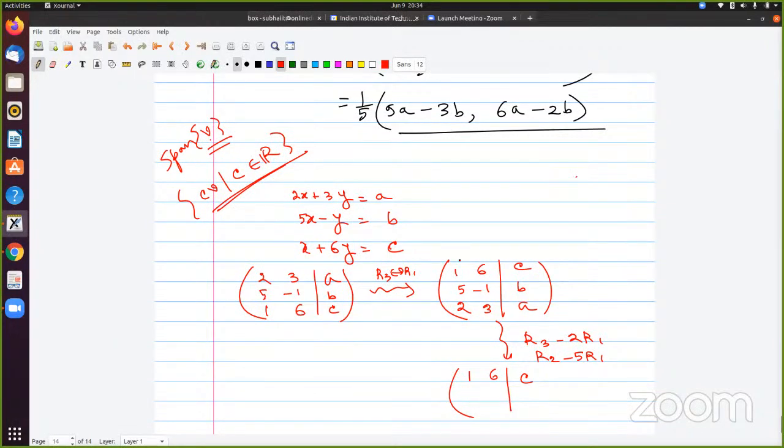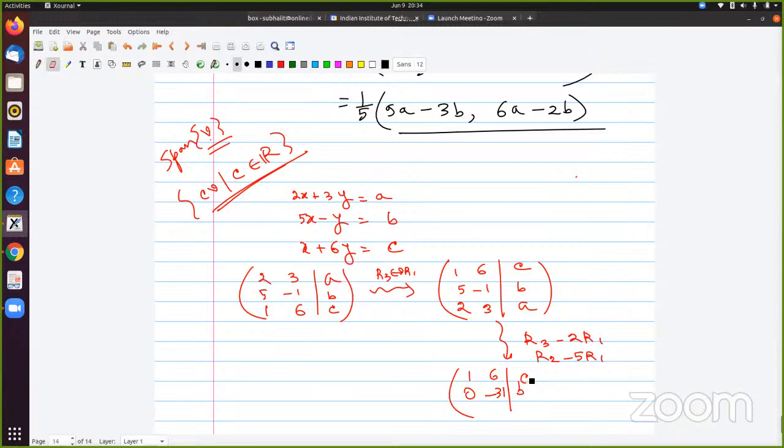So let me check this one. I don't know, let me check it. So 1, 6. Tell me what is this solution? 5. So 0 minus 1 minus 31, right? Yes, minus 31.